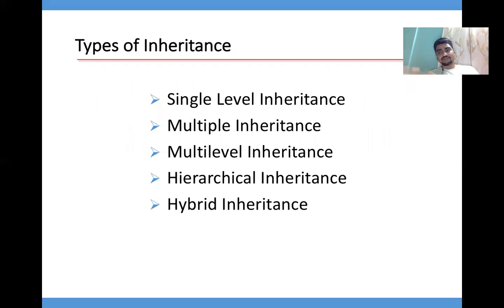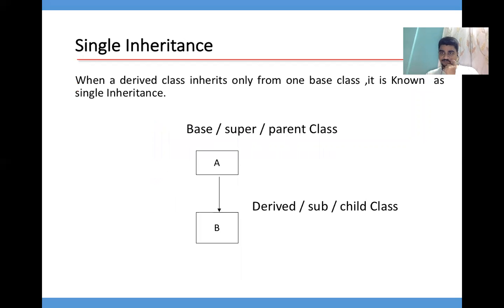Now there are different types of inheritance: single inheritance, multiple inheritance, multi-level inheritance, hierarchical inheritance, and hybrid inheritance. Talking about single inheritance, when a derived class inherits from only one base class, it is known as single inheritance. There is a one-to-one mapping: one is a parent class, one is a child class or derived class.